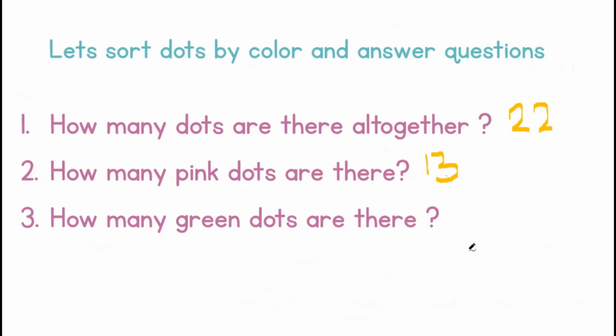And the same goes with our green dots. We counted group number 1 and found our answer, instead of having to count one by one in a huge jumble mess. I hope this makes sorting objects a little easier for you.